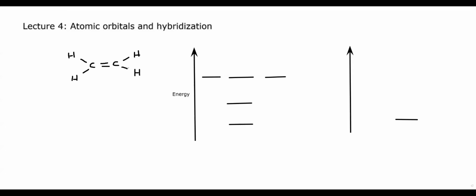Okay, so now we have a C double bond C. And just quickly, so we know the terminology here, we can call double bonds many things. We can call them double bonds, olefins, or sometimes you'll see them referred to as enes, because this is the suffix that you add to double bond systems.